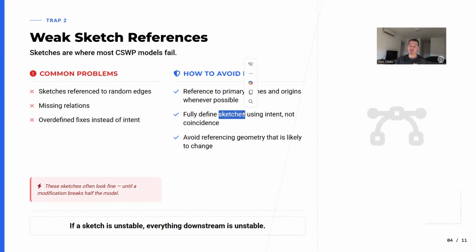Then fully define sketches using design intent, right? What that means is, if something is parallel, make it parallel. If something is perpendicular or has the same length, define these relations. Then also avoid referencing geometry that is likely to change. If a sketch is unstable, everything downstream will be unstable as well, and you will get wrong answers. So this is trap number two.